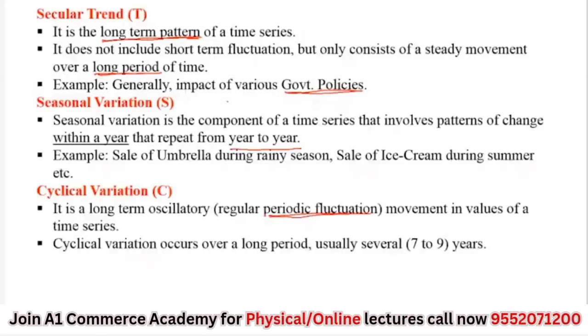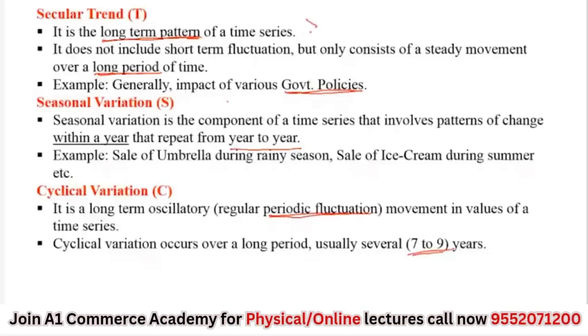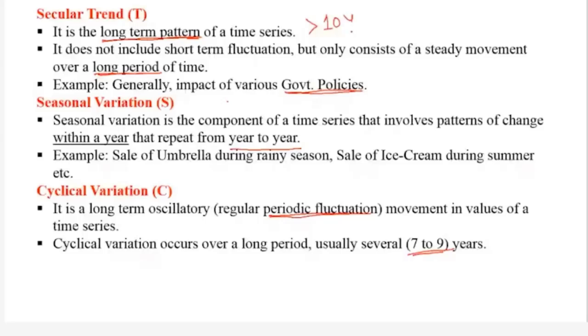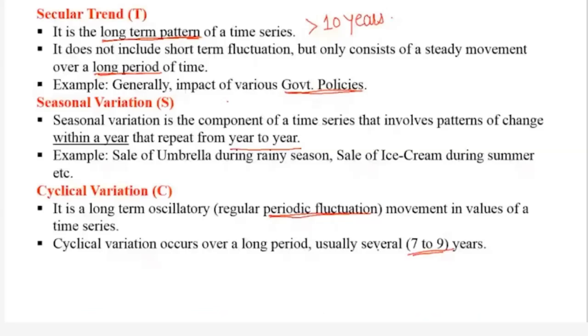Cyclic variation occurs over a long period of time, several years, generally 7 to 9 years. और इधर ये पहला वाला जो है ये more than 10 years. Seasonal every year, and this is, you may say 6 to 7 years तो भी चलेगा, 7 to 9 years.